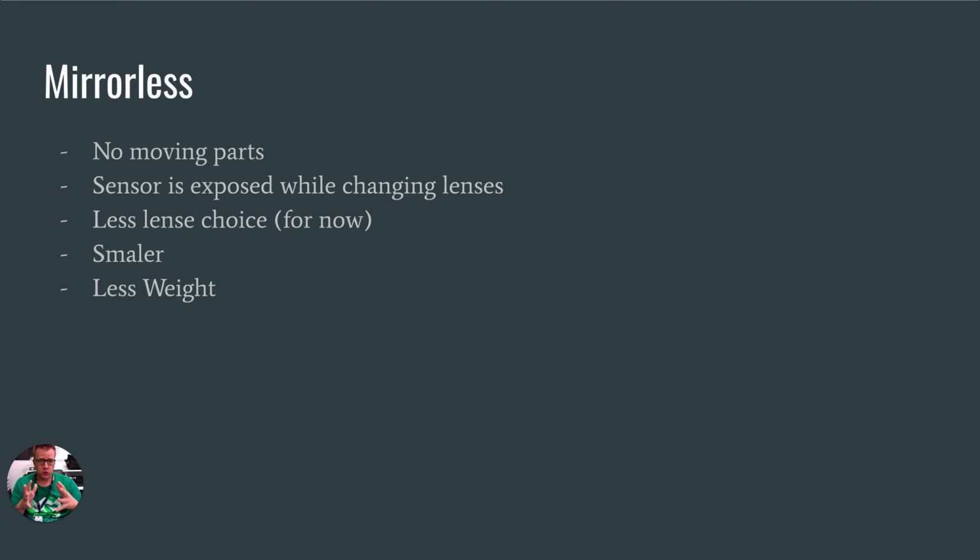As far as lens choice is concerned, they have a little bit less lens choice for now. That really is starting to catch up, and it's starting to be kind of equal. So the line between this is a digital SLR and this is a mirrorless camera is starting to really get blurry, and it's hard to tell which one's better.